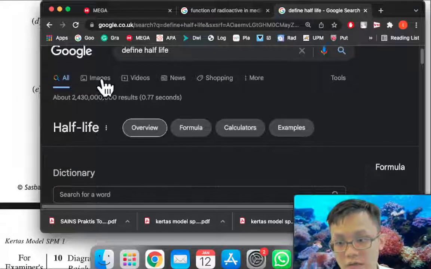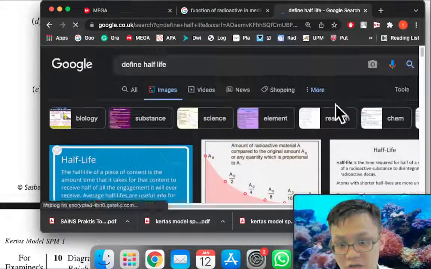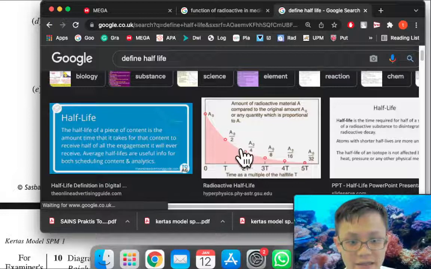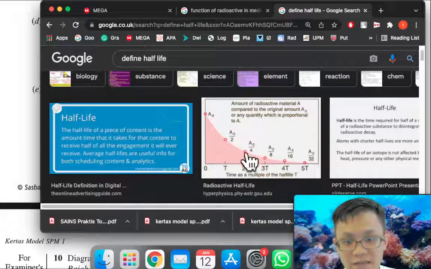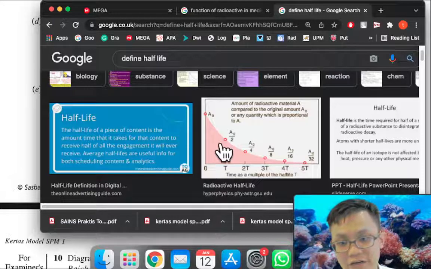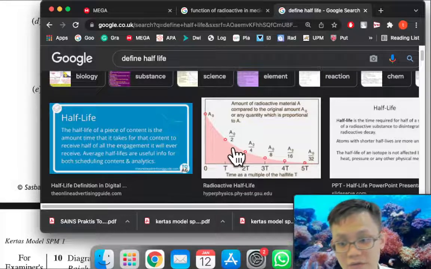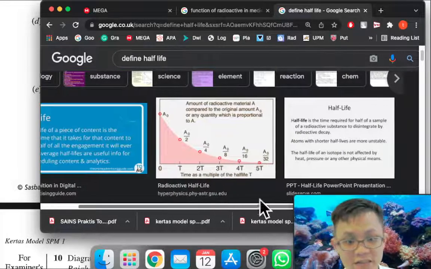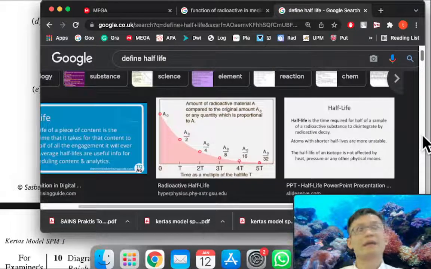So let's see, is there any good image of half-life? So this is the original value, and it actually reduces to half. Less radioactivity is produced as time goes on. So for a very reactive nuclear material, it depends on the half-life lah.